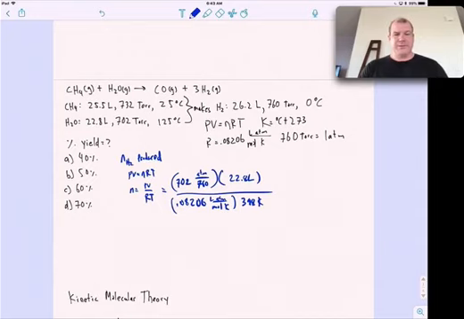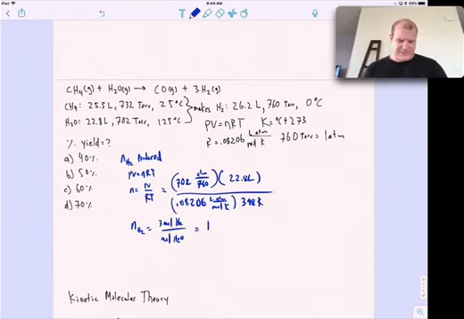Okay, and that'll give us the moles of water, and then there's a 3 mole hydrogen to 1 mole H2O ratio, and that'll give us that.